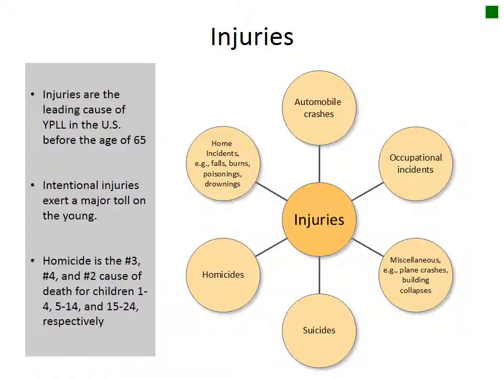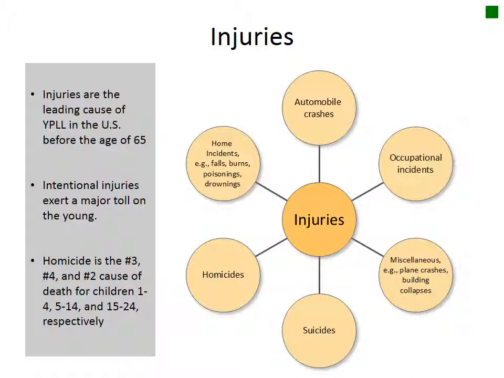I mentioned injuries as a source of burden, and it's important to look at injuries because they are a leading cause of years of productive life lost in the United States before the age of 65. Intentional injuries are a major concern for the young.